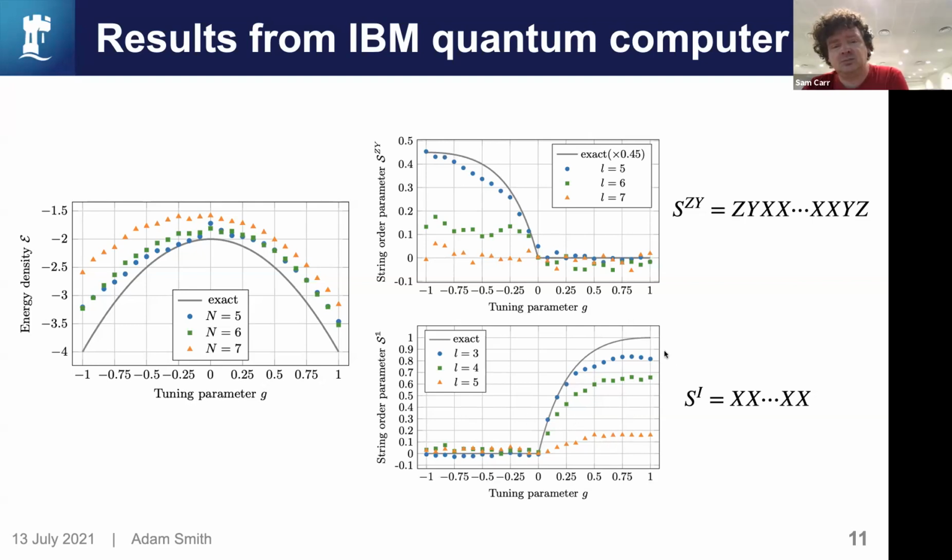The important thing to see here is that we can actually see the transition for the smallest lengths of this order parameter. But as we increase it, it goes away because of the noise in the system. So this is showing where we are at the moment with quantum computers, but with better devices, we might be able to see more interesting transitions than this simplest case.